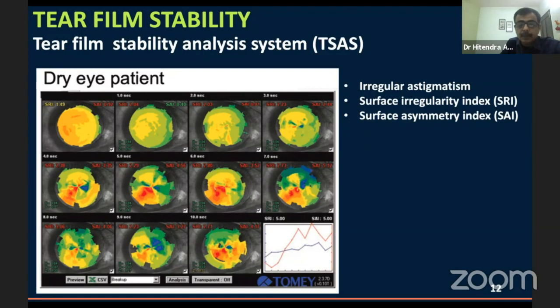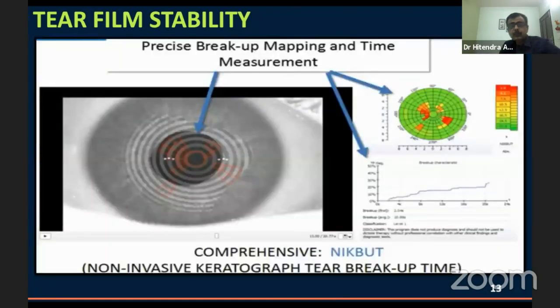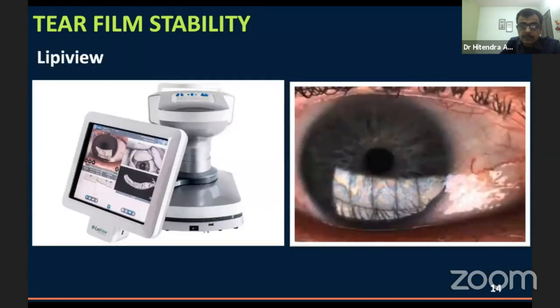These are some of the parameters studied in this tear film stability analysis system. Not only this, newer gadgets like the keratograph can also give us precise breakup mapping and time measurement without the use of fluorescein, which has certain drawbacks.